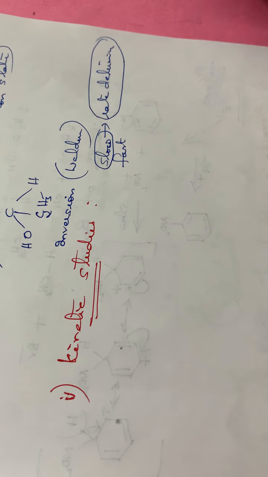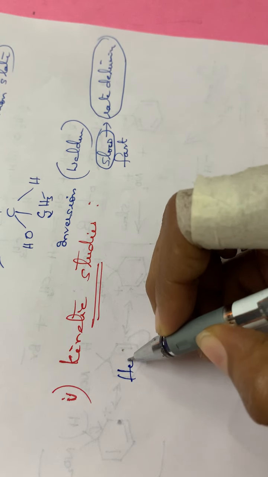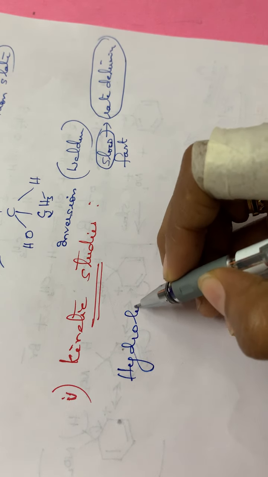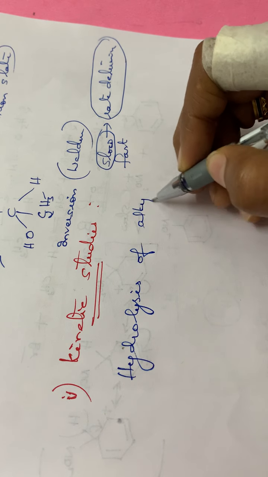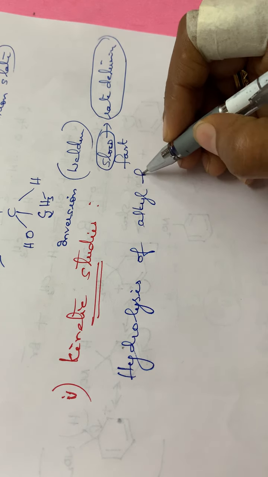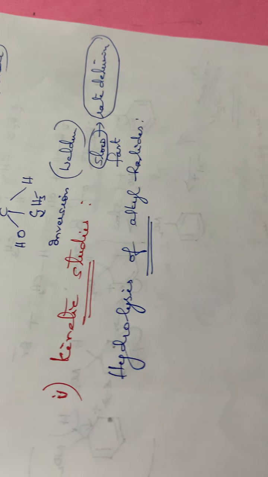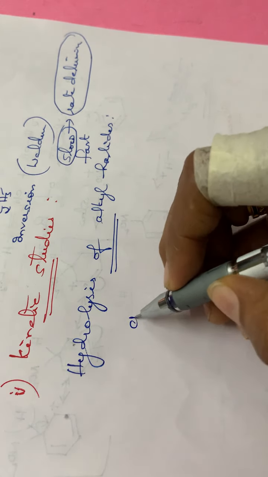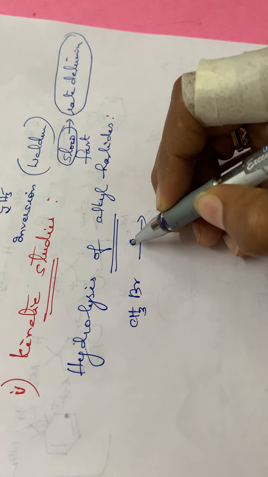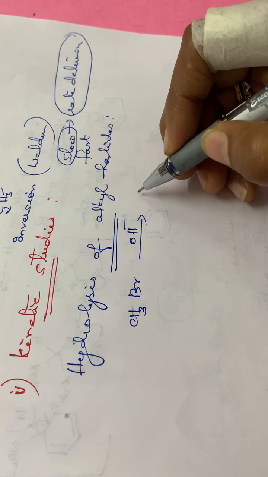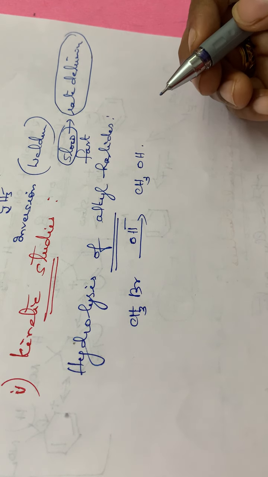Say for example, in the hydrolysis of alkyl halides, okay, I'll be writing two examples. Hydrolysis of alkyl halides, say CH3Br on hydrolysis will be converted to CH3OH.